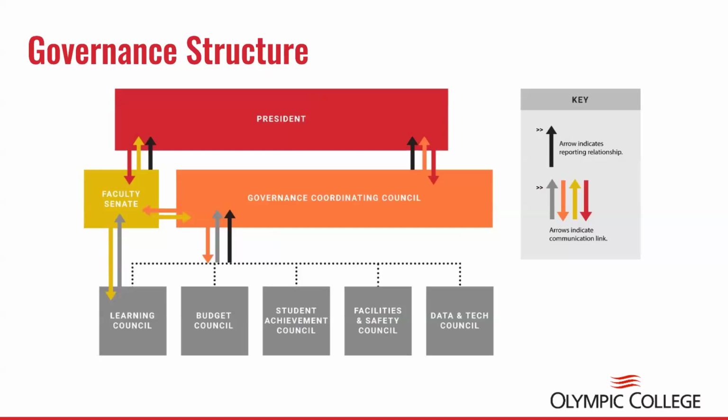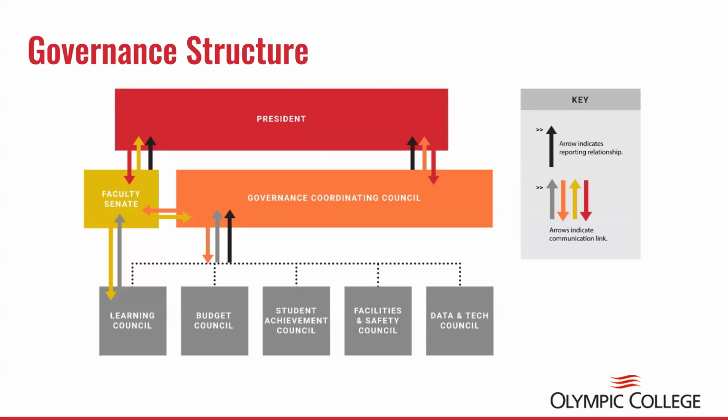So here's another representation with a little more detail about the different councils. The president heads the structure. He also sits on the Governance Coordinating Council. The Governance Coordinating Council is an intermediary and organizing body. And you'll see off to the side there's also Faculty Senate.